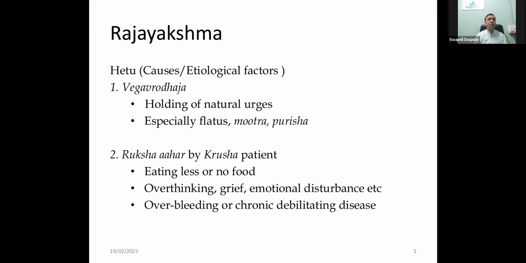So what are the hetus? According to the types, the hetus vary. Vegavarodhaja, holding of natural urges, especially flatus, mutra, and purisha. So we understand that it is related to which type of vayu?